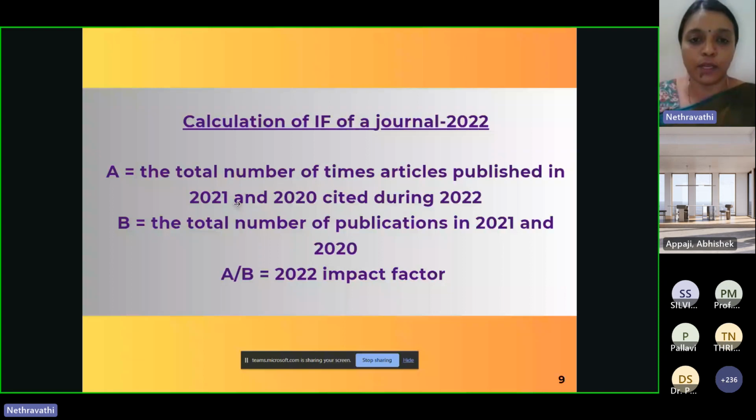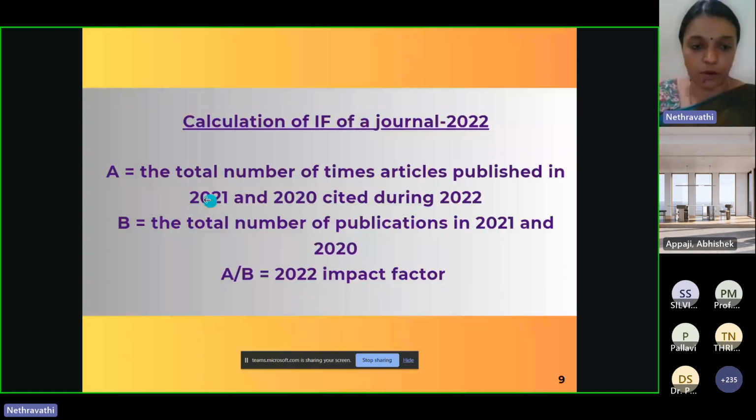So if we are calculating the impact factor of a journal for the year 2022, we should know the citations for the preceding 2 years, that is 2021 and 2020, and we have to add up the citations for the articles in those years. That is one factor.